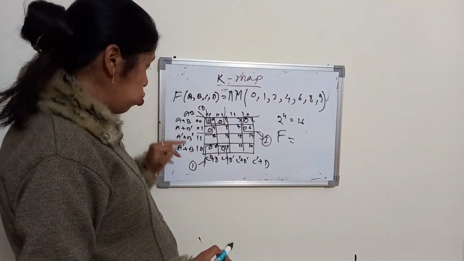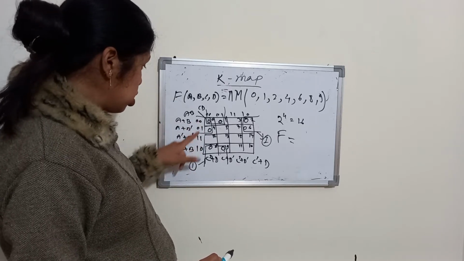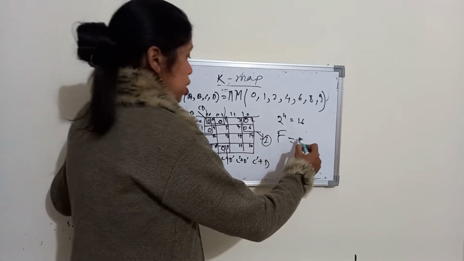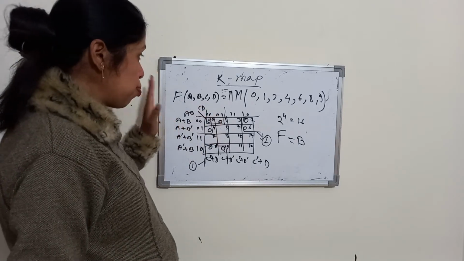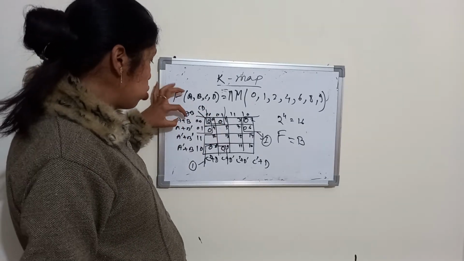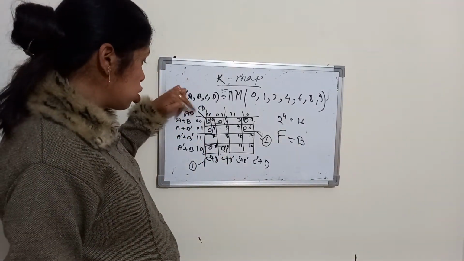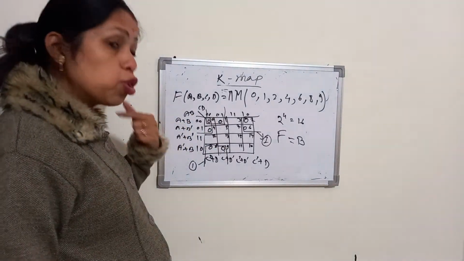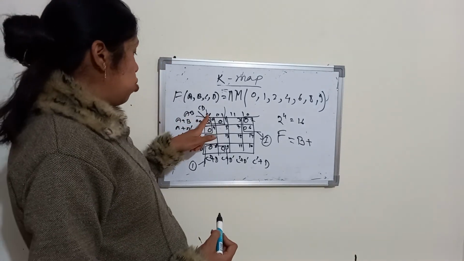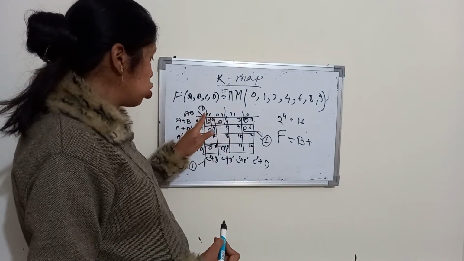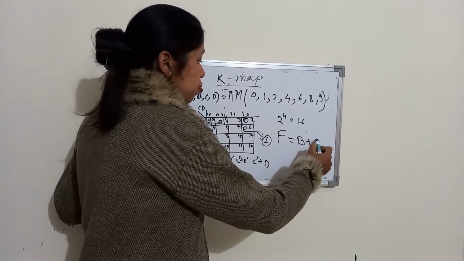If I see the A B values, B is common, 0 is common, and 0 means B. I am writing B. If you remember the previous SOP KMF, when we include a term with another term, I put multiplication. Now here I want to include this term with this term, so I have to put plus. In these two cells, which value is common? This 0 is common, and 0 means C.